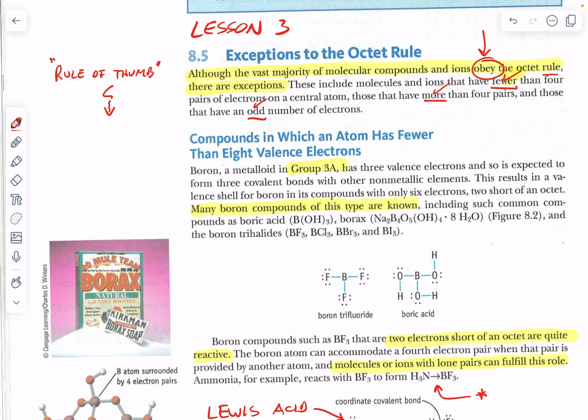Here we're using the word obey, meaning some of our models and observations and descriptions are consistent with the guidelines we've invented, and some go beyond them, which shows us the finiteness of our models and reveal to us added layers of complexity in God's creations. So there's a little bit of philosophy behind that idea that often gets overlooked because we use rules and obeying rules when we talk about natural phenomenon a lot.